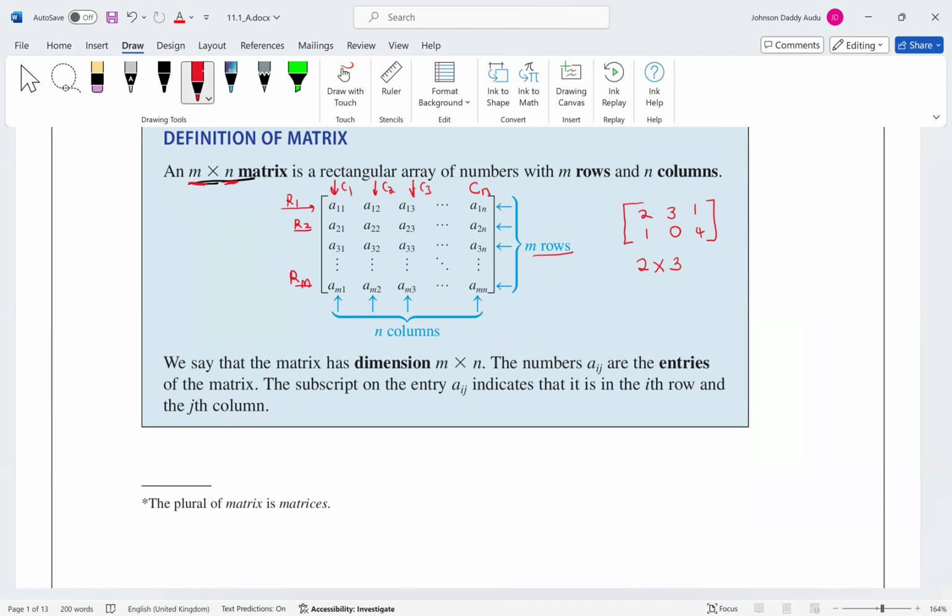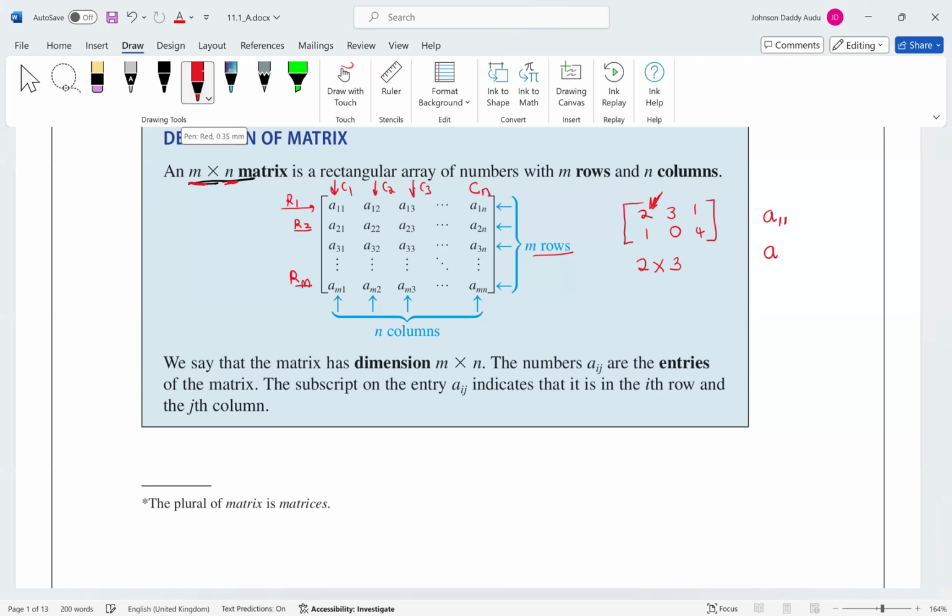The numbers a_ij are what we call the entries of the matrix. The subscripts on the entry a_ij indicate that it is in the ith row and the jth column. For example, this number 2 represents a_11, the element in the first row, first column.